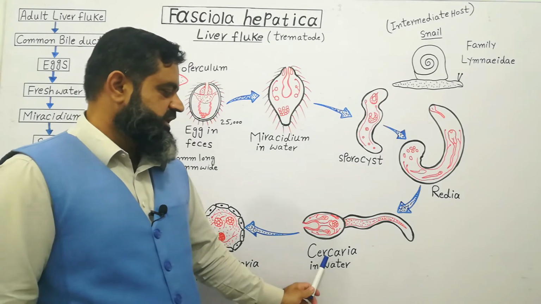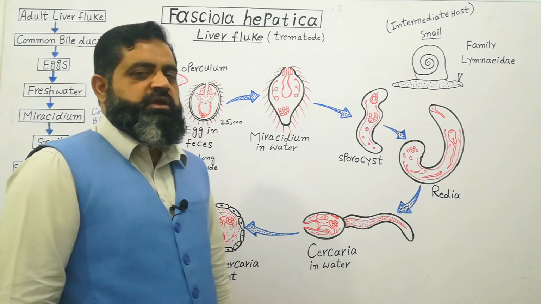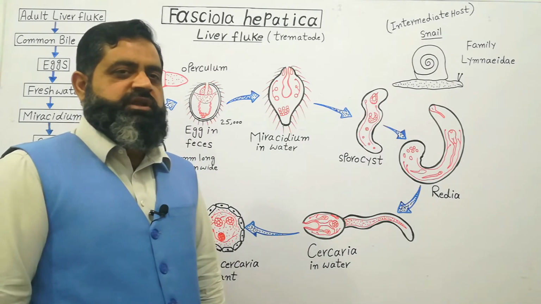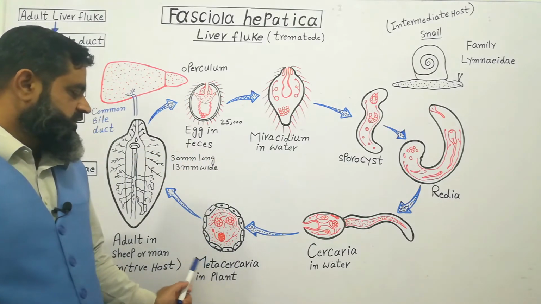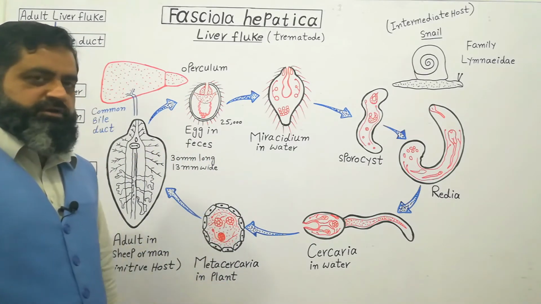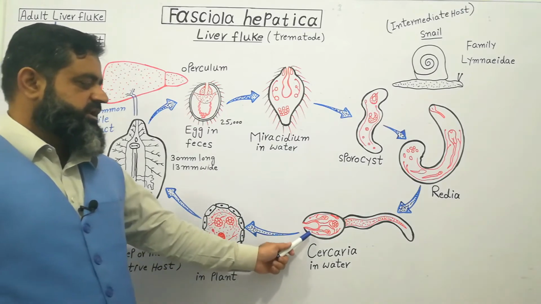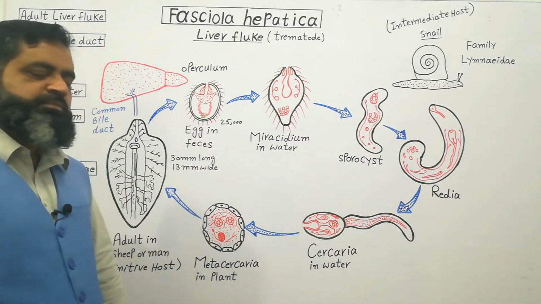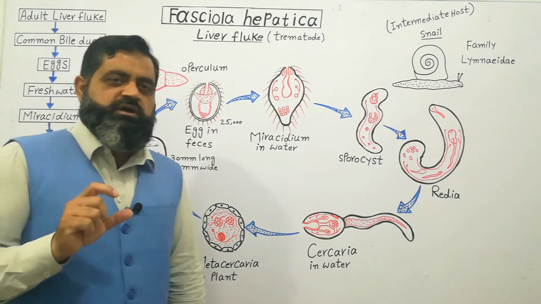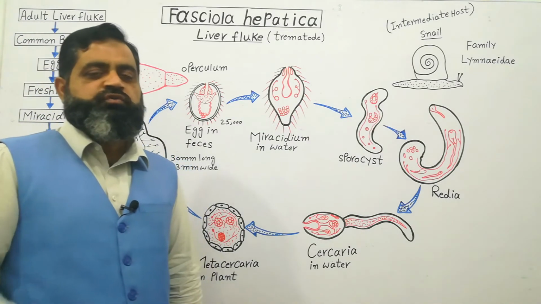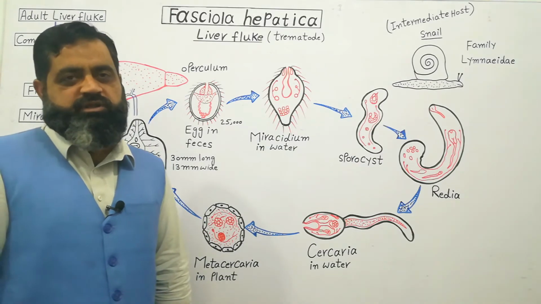This larva is known as Cercaria. It remains in the water and finally it finds a host, which is an aquatic plant, and this Cercaria larva converts into Metacercaria and becomes dormant in the epithelial tissue of the epidermis of the aquatic plant.